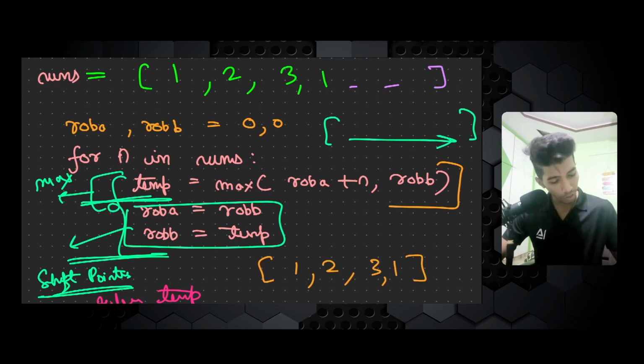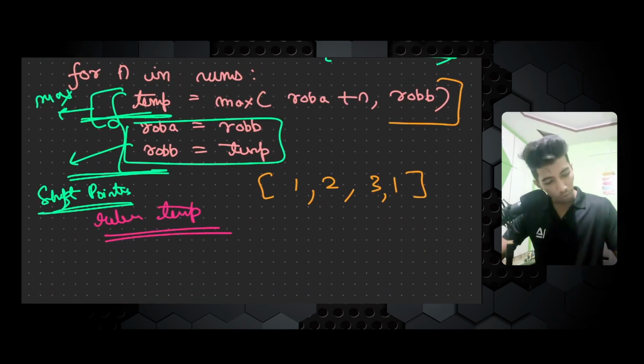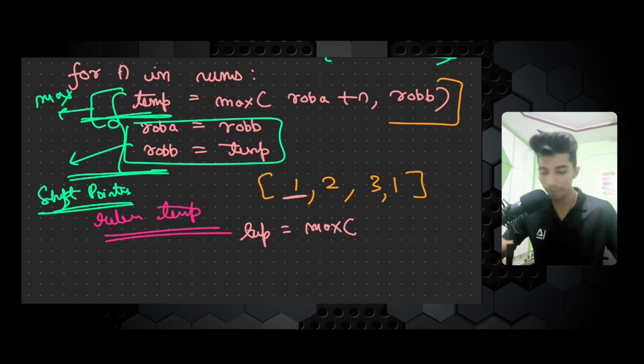Let's take this case. n is ultimately this thing. Now let's see what will come in my temp. In the temp I have to find the maximum of rob A plus n and rob B. The rob A is 0 right now, so this will be 1, and rob B is also 0, so this will return me the 1.